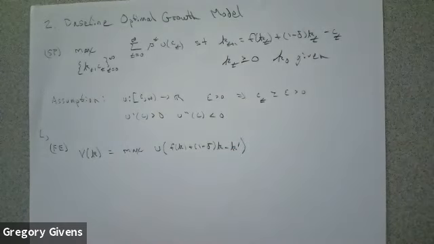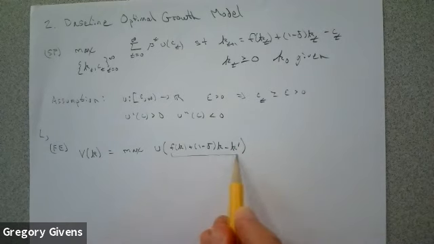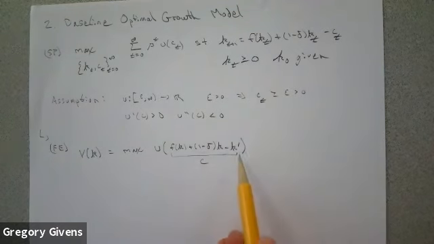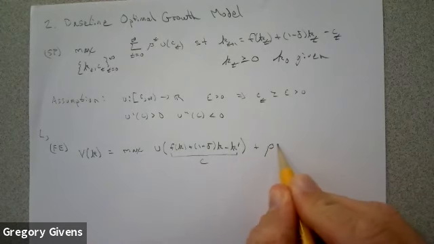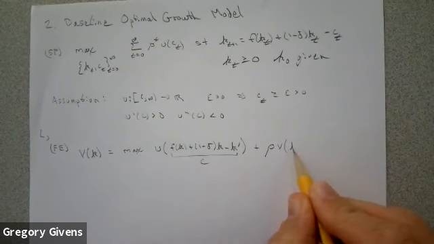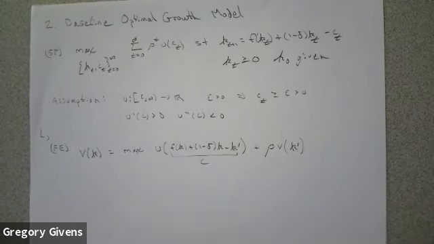That's the current return. Utility is a function of consumption, where I've substituted the control consumption out of the problem and written it in terms of the new control, that is tomorrow's capital stock, plus the discounted value of the continuation return, V of k prime.